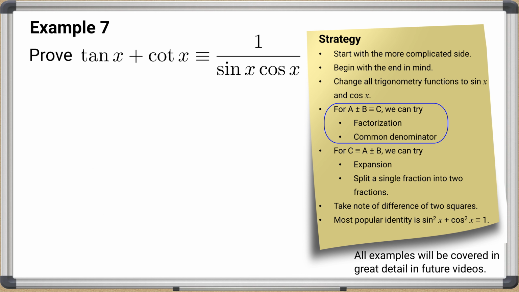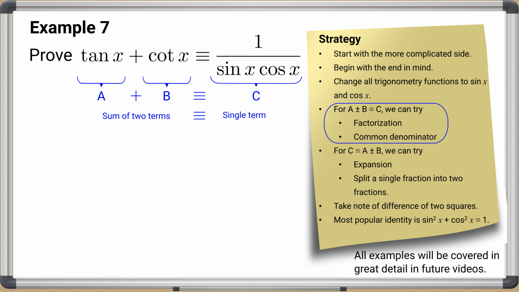Let's look at example 7. Prove tangent x plus cotangent x equivalent to 1 over sine x cosine x. A is tangent x. B is cotangent x. C is 1 over sine x cosine x. We have a plus b equivalent to c. In other words, we have the sum of two terms equivalent to a single term.